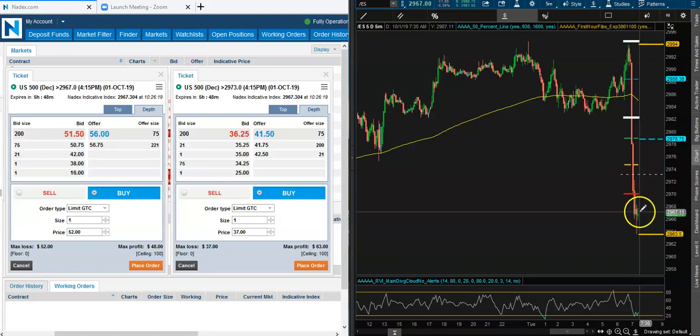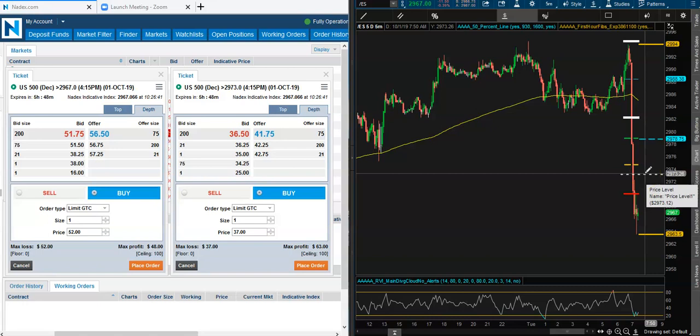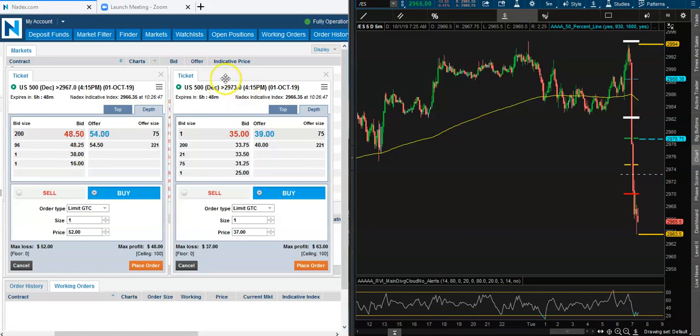Now if we rally all the way up to this white line, what do you think the bid offer should be on this contract? It will go higher. Correct, it would go higher, because we'd be essentially at the money, meaning the contract's at $29.73 and the strike price on this contract is $29.73.